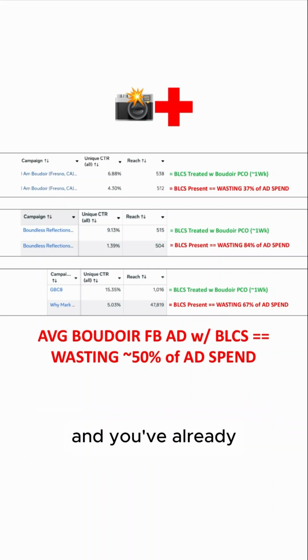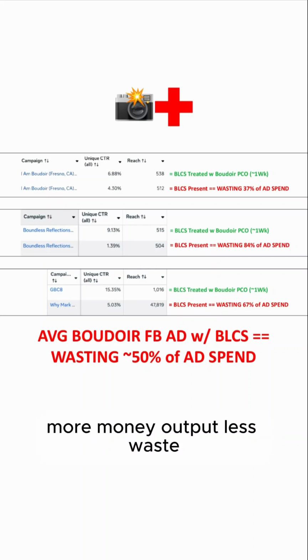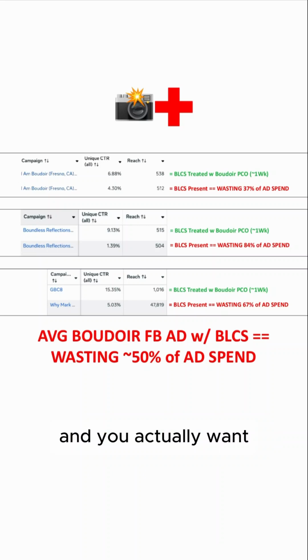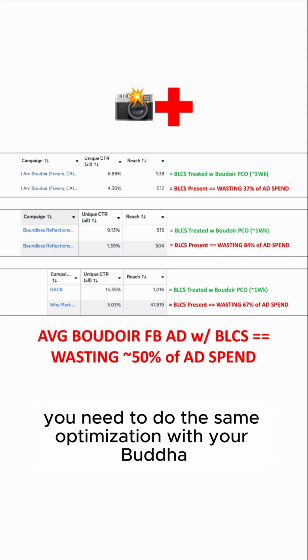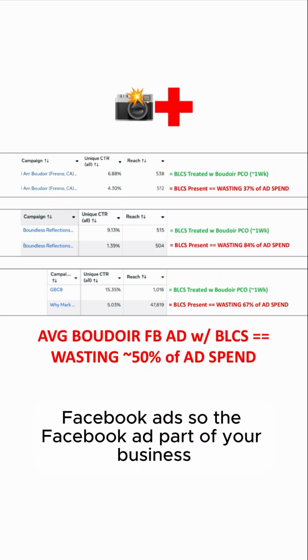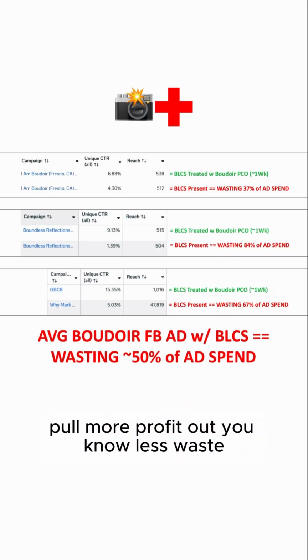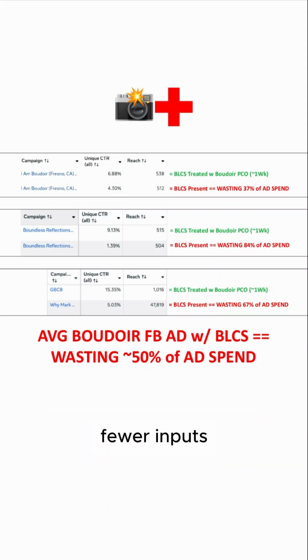And you've already been optimizing other parts of your business to pull the same input but more output, more money output, less waste. And you've decided now you need to do the same optimization with your Boudoir Facebook ads. So the Facebook ad part of your business, pull more profit out, less waste, fewer inputs, same profit or more profit.